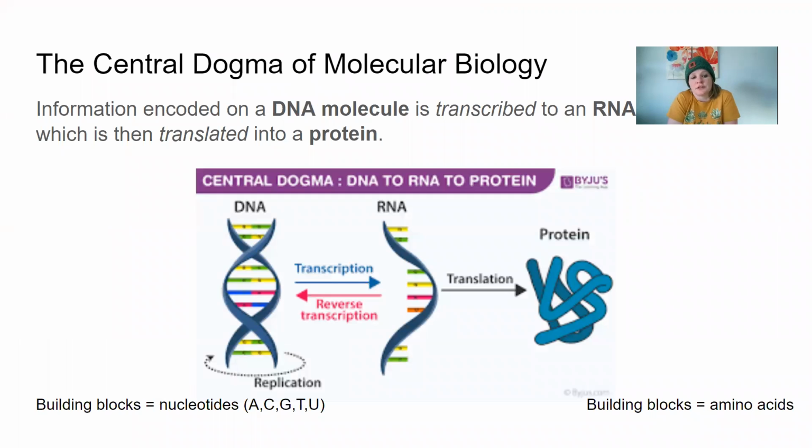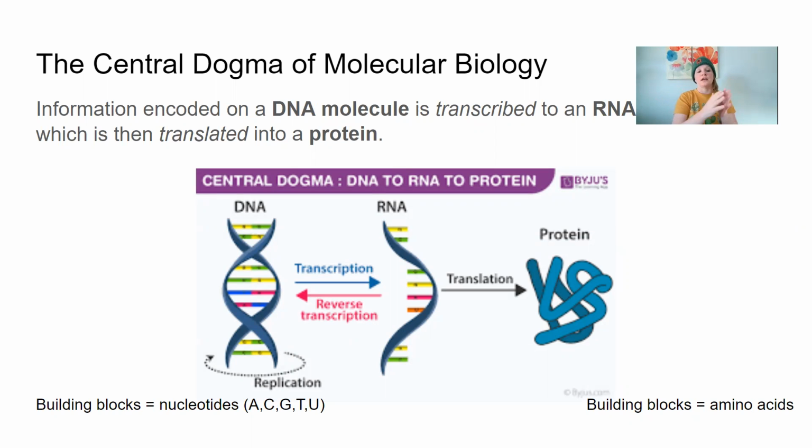So remember, we've talked about the central dogma of biology, how there's information that is encoded on that DNA molecule based on the order that the bases are occurring in. That information is really valuable, so it stays in the nucleus where it's nice and protected. But in order for it to go out, it has to be transcribed into an RNA molecule, because those are cheaper copies that contain the same information.